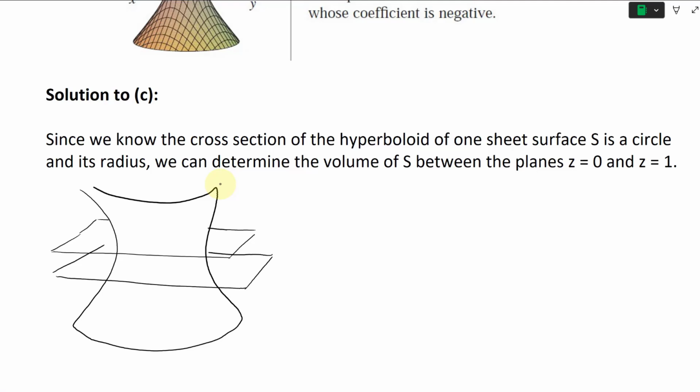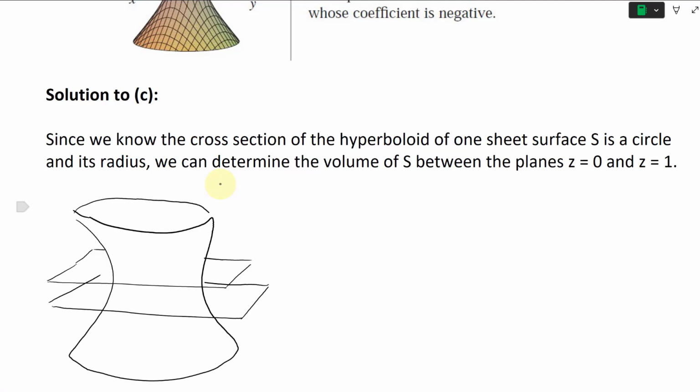So cut them over there, and then let's move it down here. So we have the shape like this. It looks a bit whack. This is z equals 0, and this, let's say, z equals 1, and we know the shape here is a circle. So we know this right here, and we know the area.